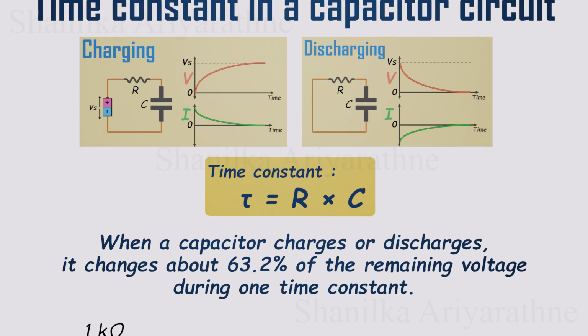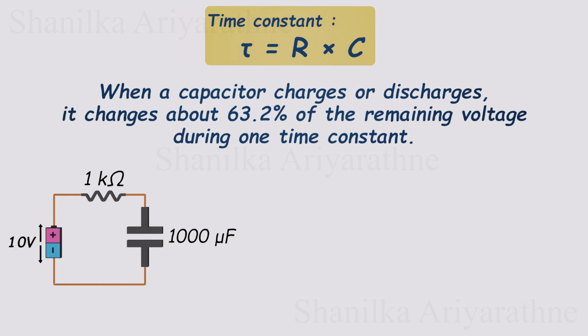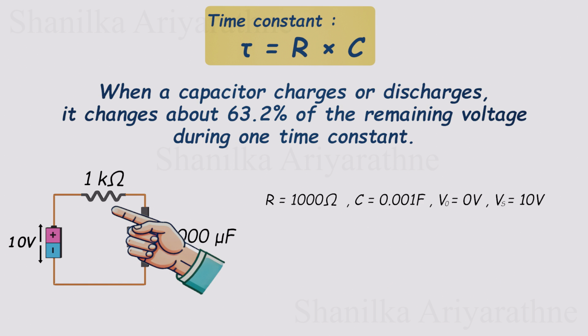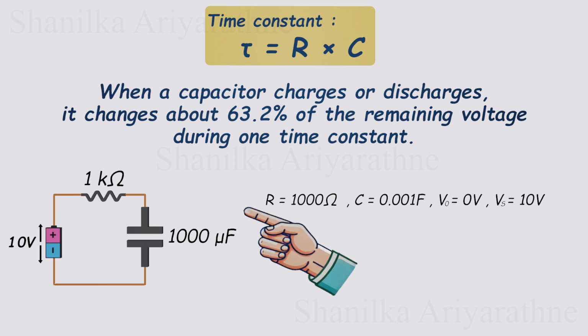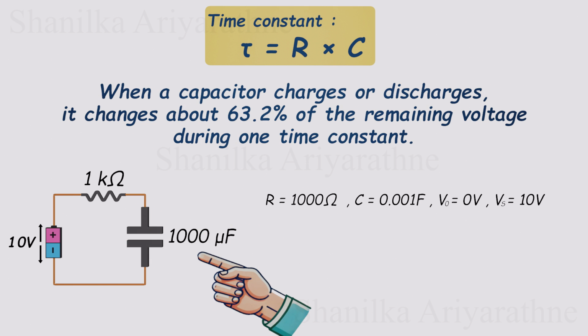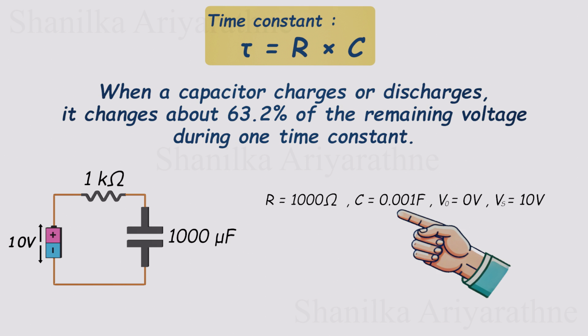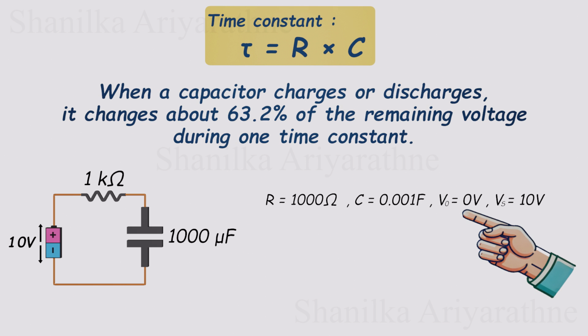Let's walk through a simple example to really nail down how the time constant works in an RC circuit. Imagine this setup. We have a resistor with a value of 1 kilo ohm, that's 1,000 ohms, and a capacitor with a value of 1,000 microfarads, which is 0.001 farads. At the beginning, the capacitor's voltage is 0.